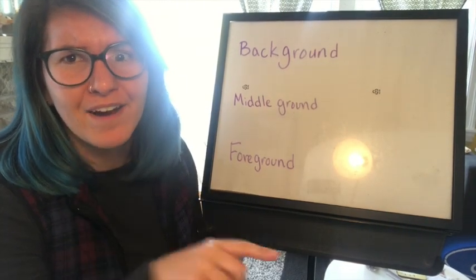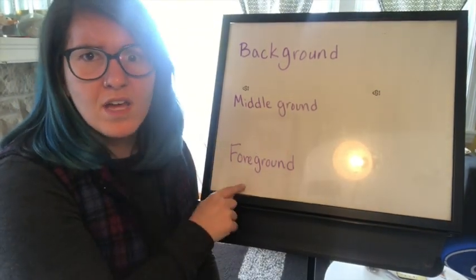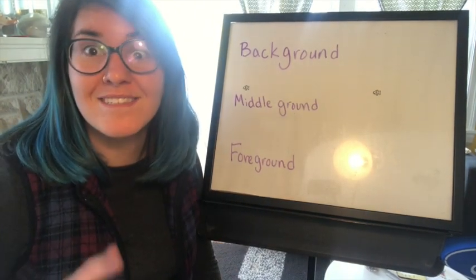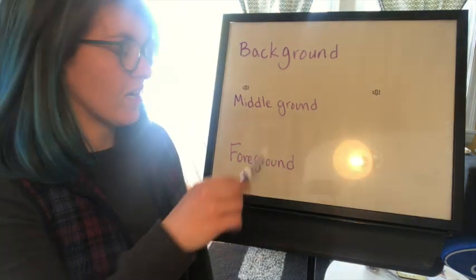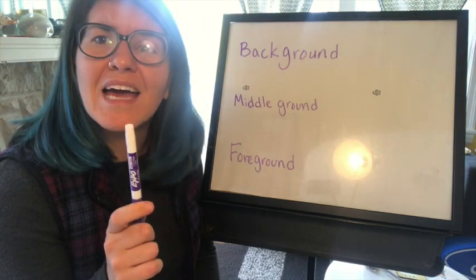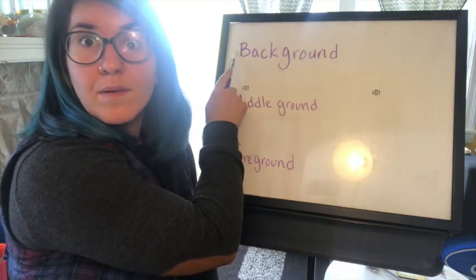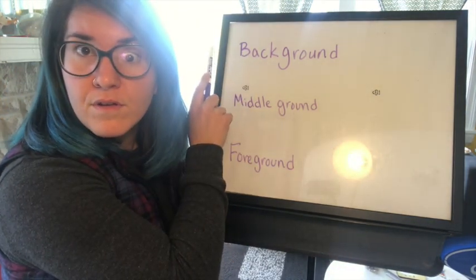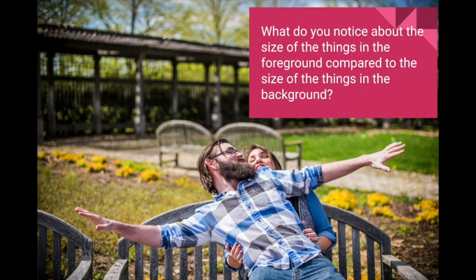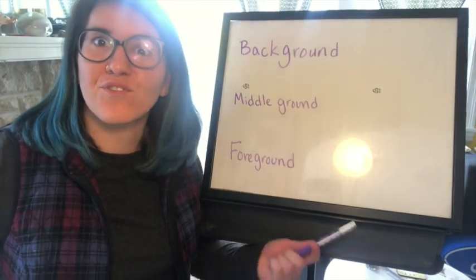Okay, now we need to compare background, middle ground, and foreground. What did you notice about the size of the objects in the foreground compared to the size of the objects in the background? Let's look at that picture one more time. That's right.